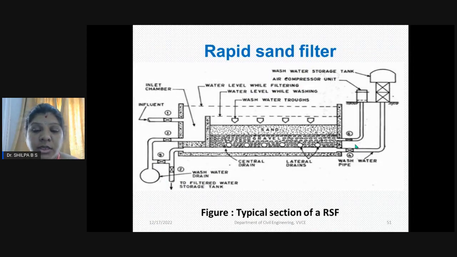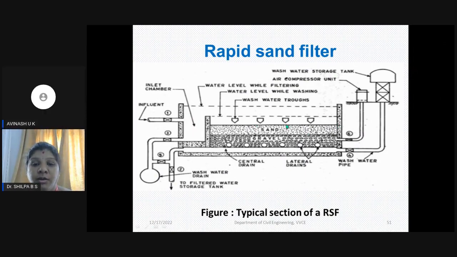So this is the construction of the rapid sand filter, where we have various components: inlet chamber, filter bed, wash water troughs, compressor, wash water storage tank, under drains, lateral drains, central drain, and also the wash water drain.